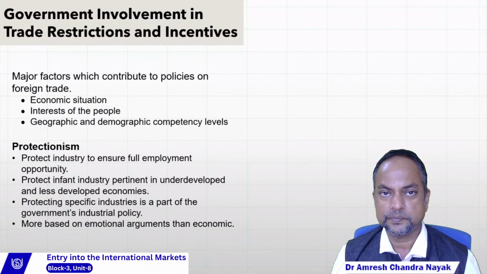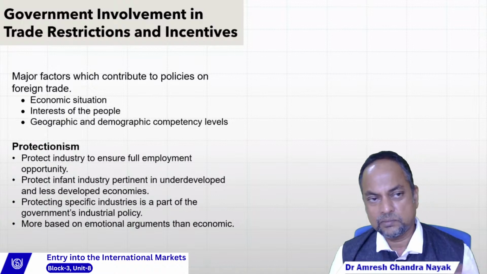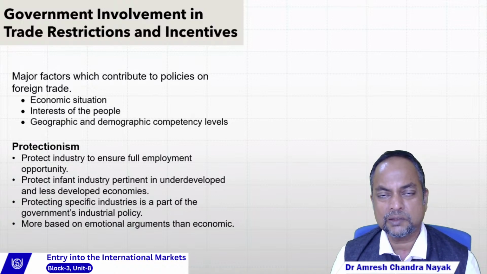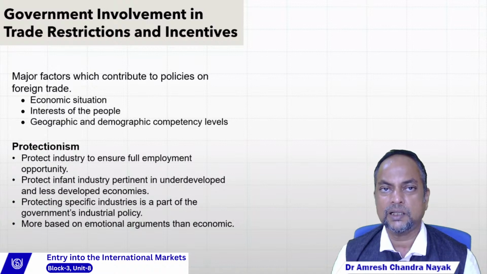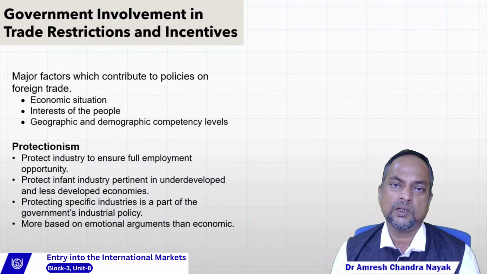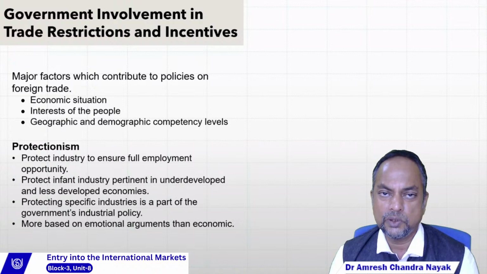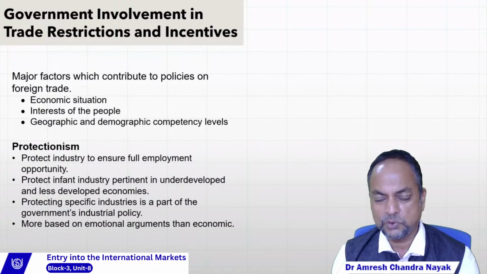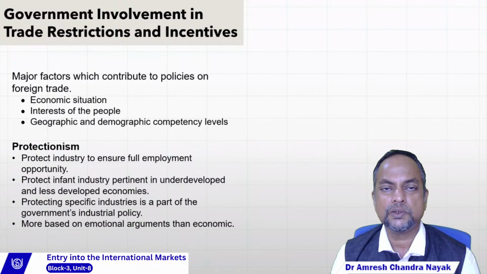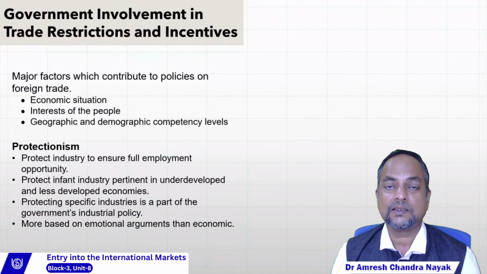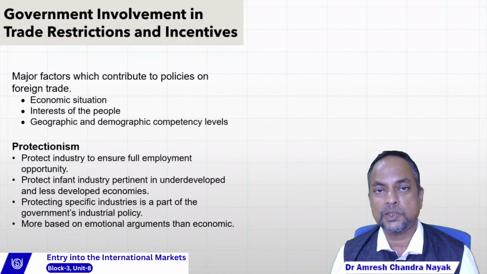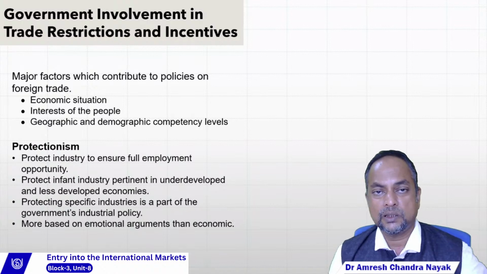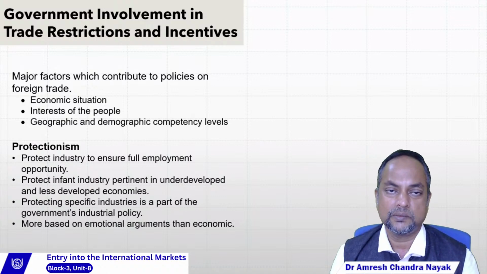How to protect them? Like earlier days, we used to have FERA, the Foreign Exchange Regulation Act, and RBI was the sole controller of business. So to protect the local entrepreneurs, the government used to impose many kinds of taxes, duties, levies on the imported products, so that when those imported products reach the market, the price will be at par with the local products.